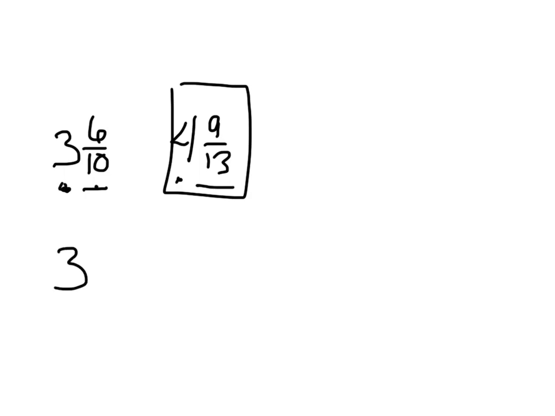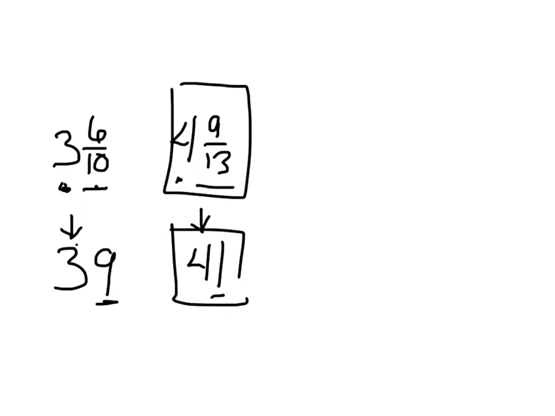If I asked you which is bigger, 39 or 41, you wouldn't get confused and say, well, 9 is bigger than 1, because we know about place value, right? Since the tens place here, 3, is smaller than the tens place here, we know that this is a smaller number and this is the larger number. It's the same with fractions. The ones place here is smaller and the ones place here is bigger, so this is the bigger fraction.